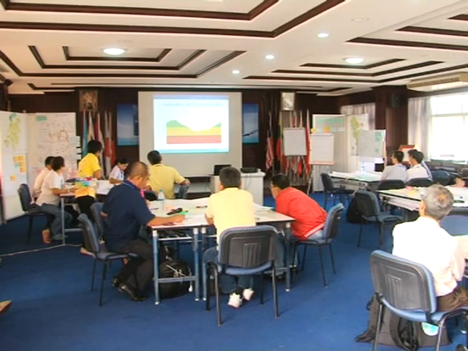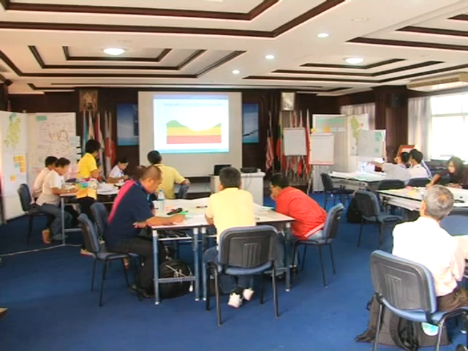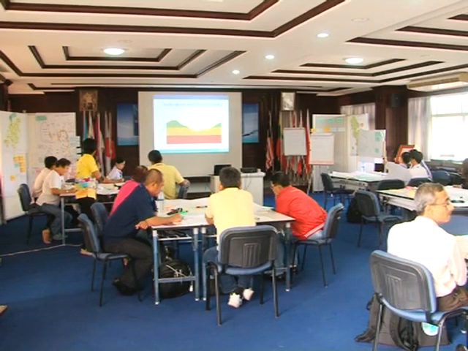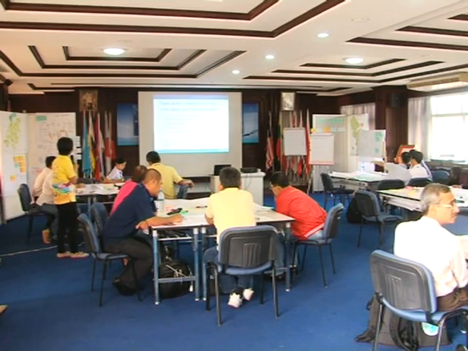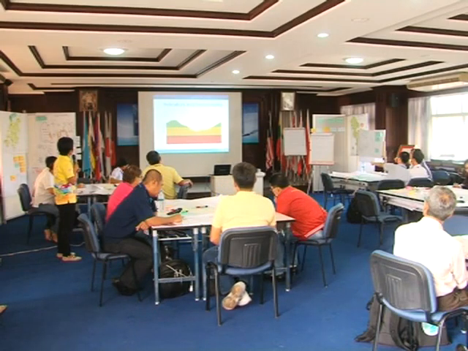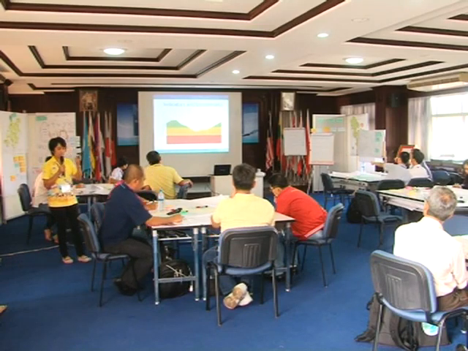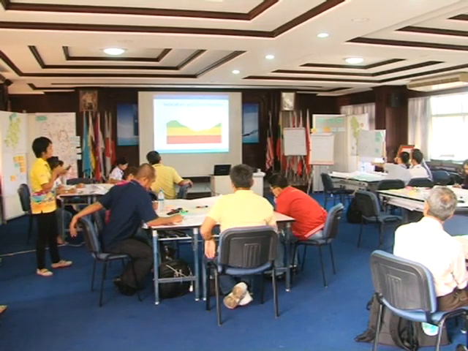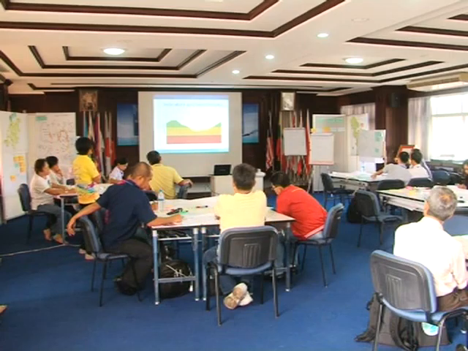This one is a limit. And the line between the green and yellow, this is your target benchmark. And the green line shows the indicator, which in this case is the coverage area of the coral in your project site.